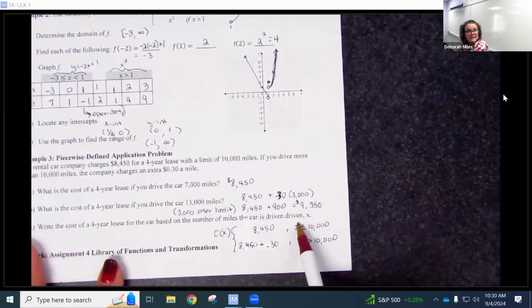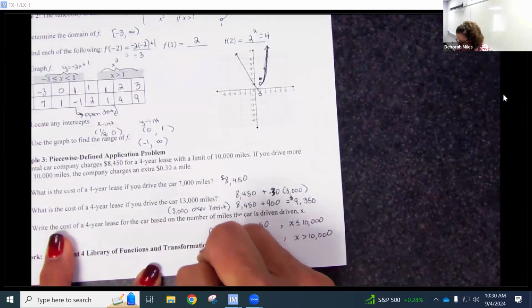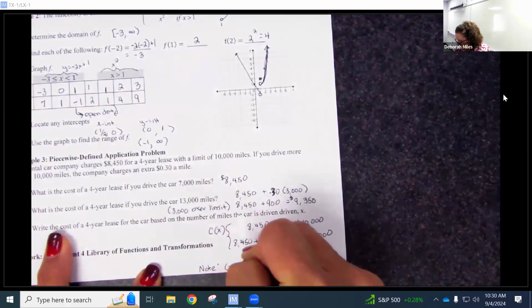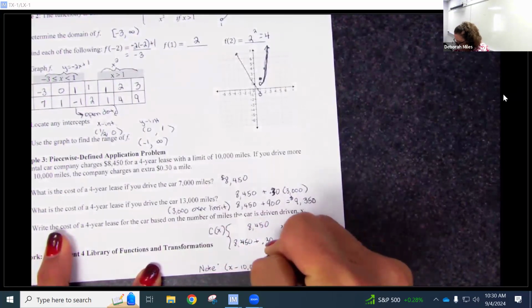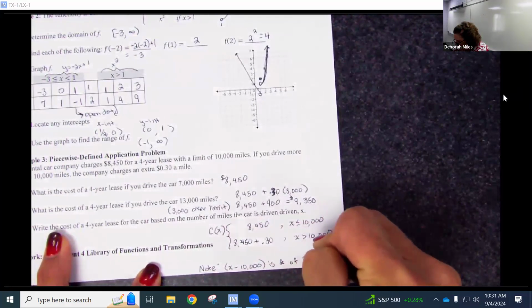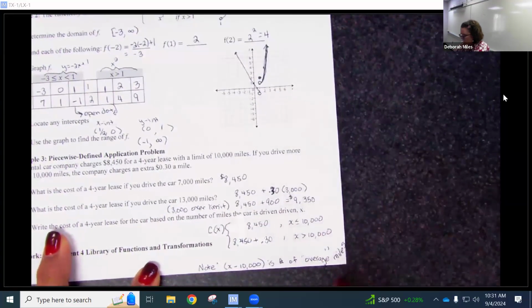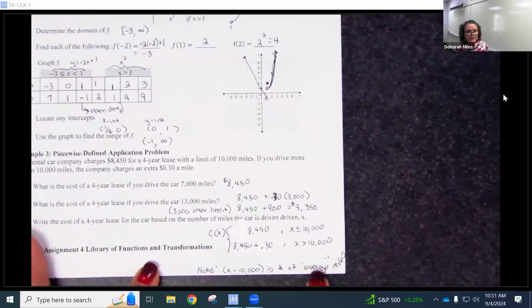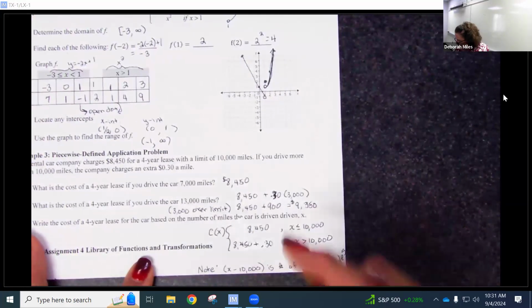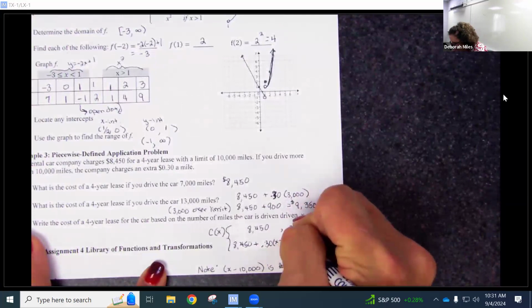So if x is the number of miles driven, then I'll just write this as a note at the bottom. x minus 10,000 is the number of, I'm going to call it overage miles. That looks like average, but it's not, it's overage, the amount over the limit of 10,000. So this 0.30 isn't multiplied by x, it's multiplied by x minus 10,000.